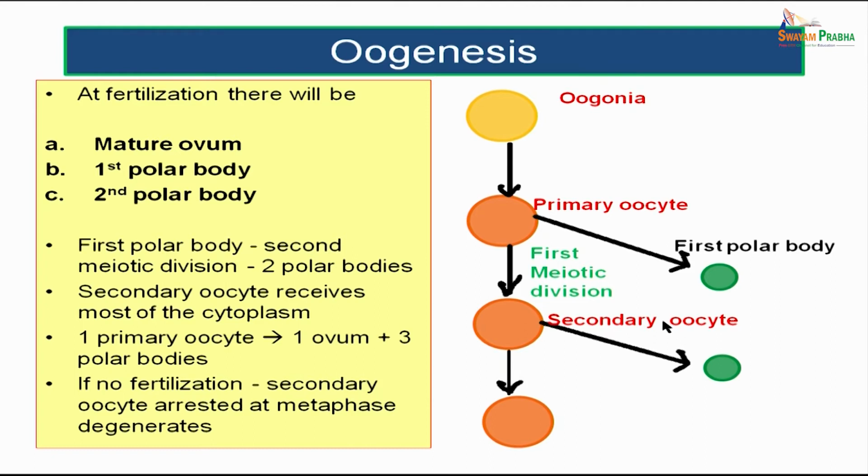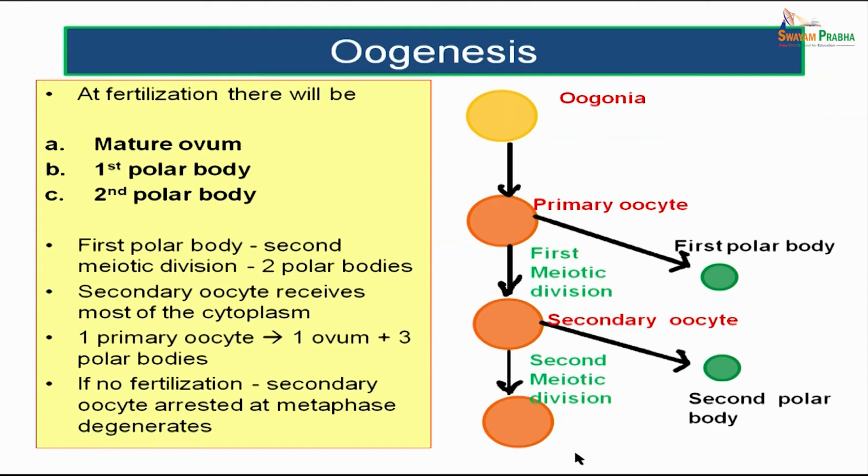When we look at the Graafian follicle, we can see a secondary oocyte and the first polar body in the perivitelline space. After that, the secondary oocyte will undergo the second meiotic division. Usually, it is arrested at metaphase and will be completed only if fertilization happens.